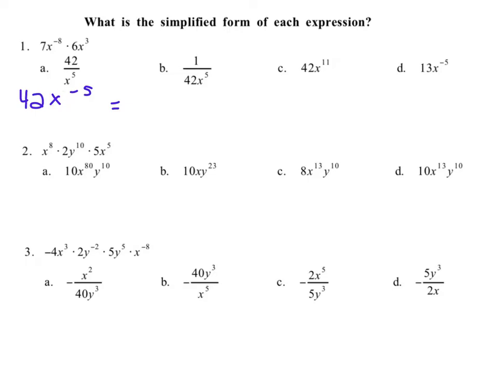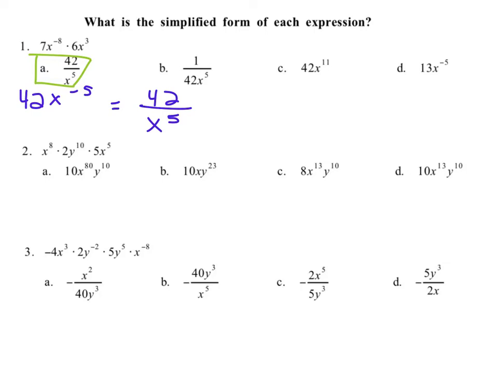Then the base is just the closest thing to the exponent, and that's the x. So the x is the thing that's got the negative 5 exponent on it, and that's the thing that's going to move to the bottom. What's going to stay on top? The 42. What goes to the bottom? Well, it's now x down here, used up the negative, so it's a positive 5 like that. And as you can see, that is choice number 1.